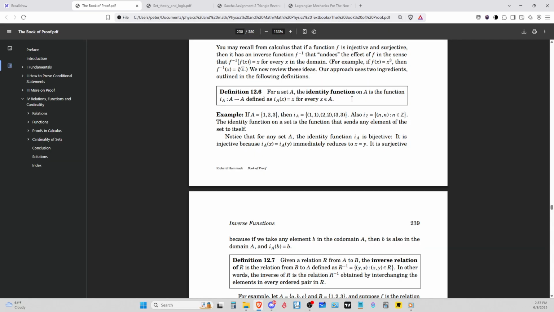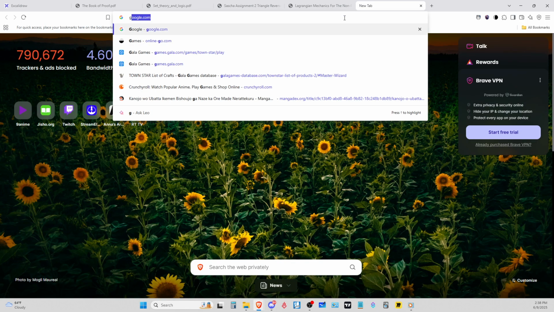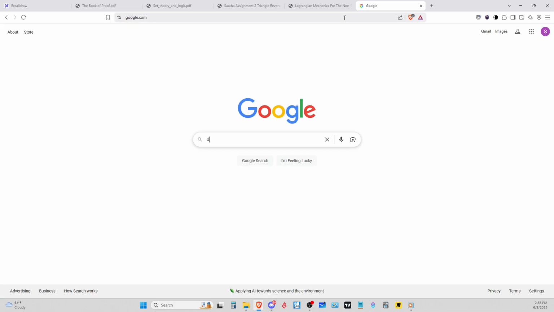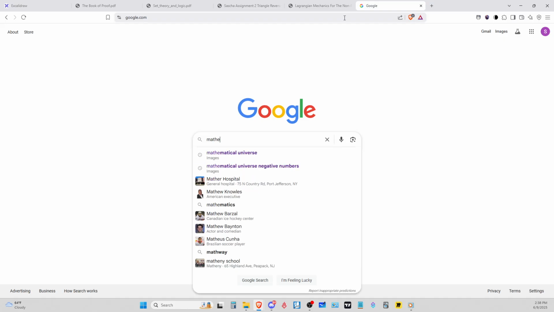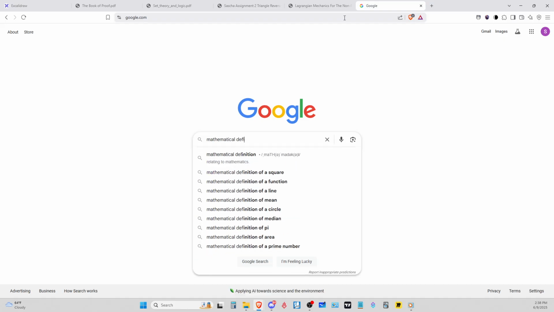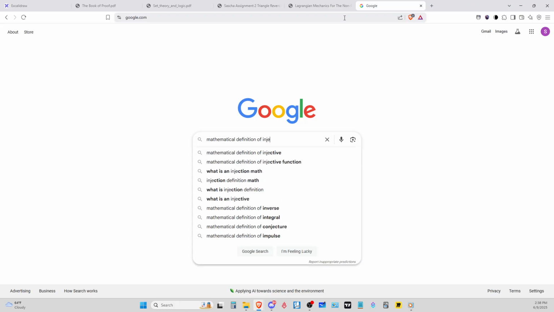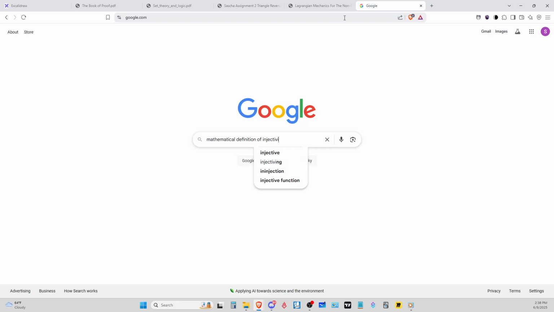And they give the identity function. So let's see. For a set A, the identity function of A is a function from A to A defined as identity of A of x equals x for every x in A. So maybe I have to go on Google to look up the mathematical definition of injectivity.